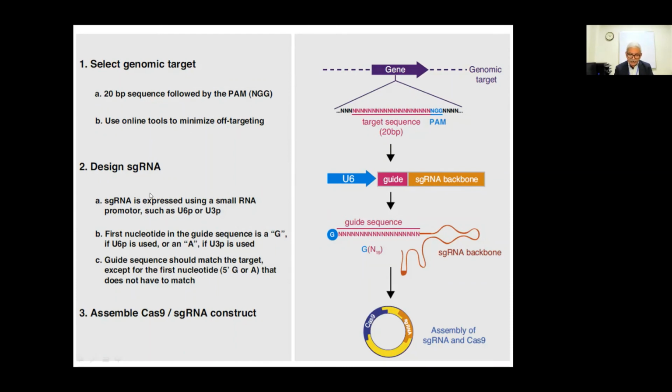Design sgRNA. You put your protospacer upstream to the sgRNA backbone, that is the gRNA scaffold, having CRISPR RNA and tracer RNA. You just clone that here. That is designing sgRNA. And then you trigger this U6 promoter.